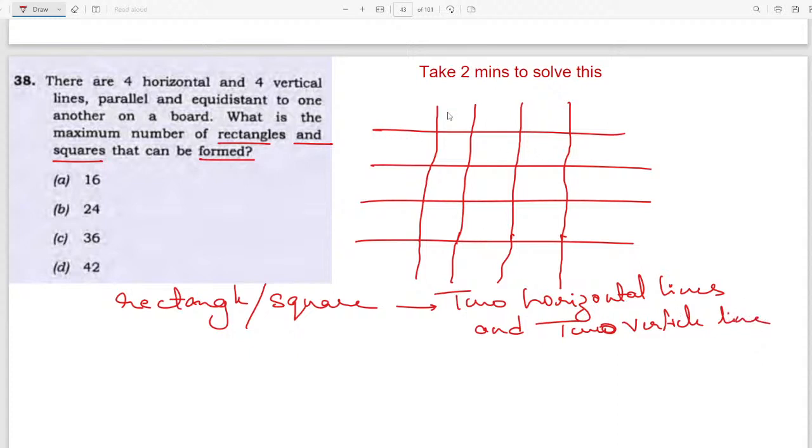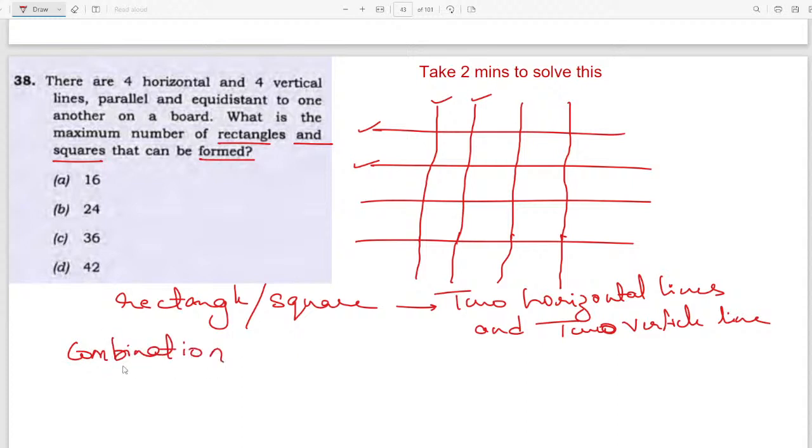So you need any 2 vertical lines, and then 2 horizontal lines. Only then you can create a square or a rectangle. So this question becomes the concept of combinations. In permutations and combinations, this is a combination question.